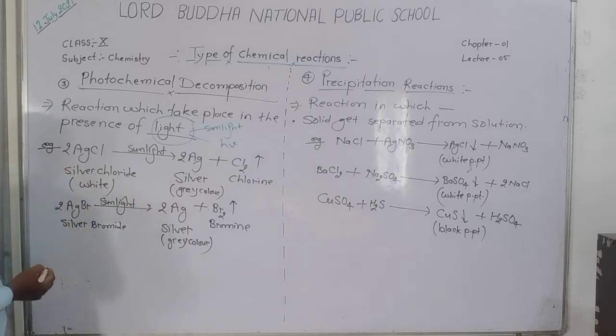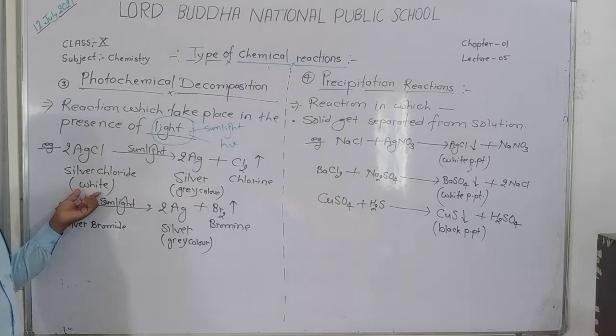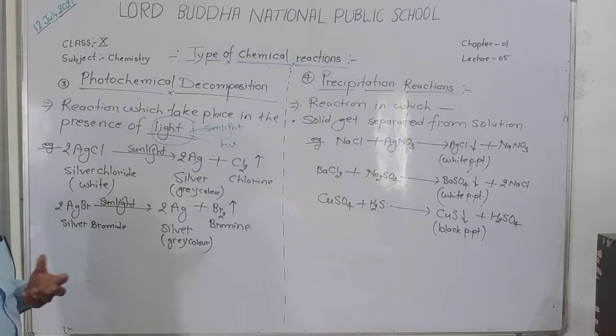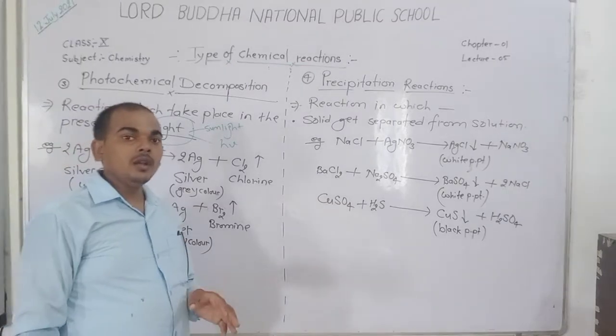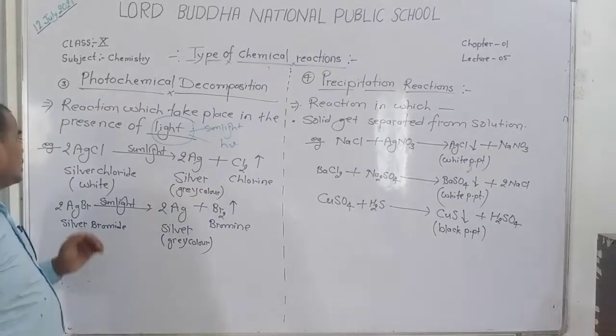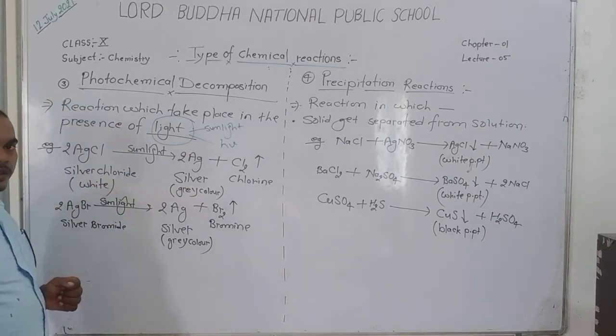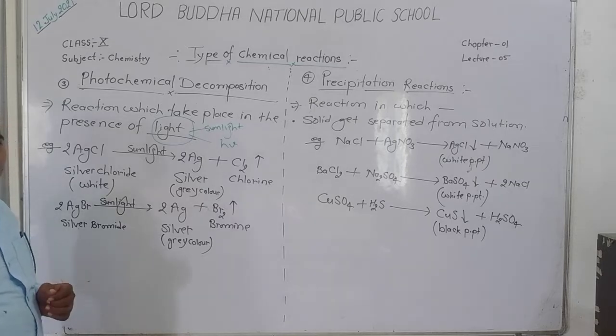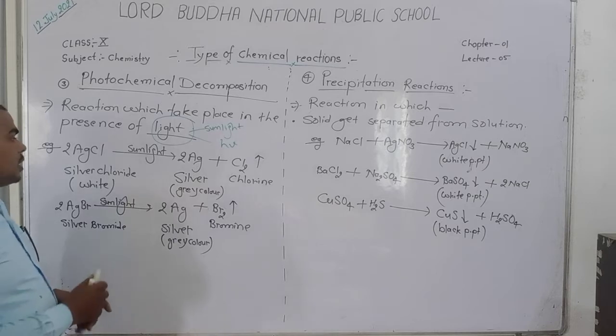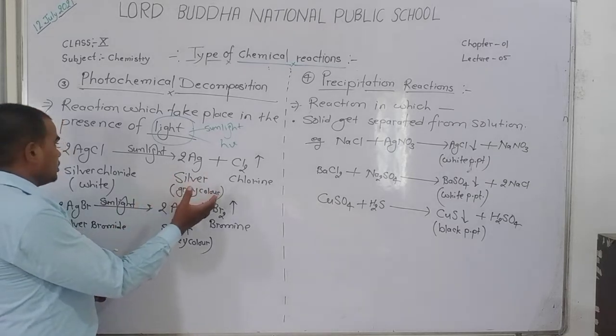When we take silver chloride, the color of silver chloride is white. You place the silver chloride in sunlight for some time, a few minutes or hours. It decomposes.